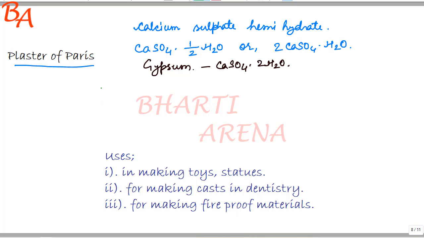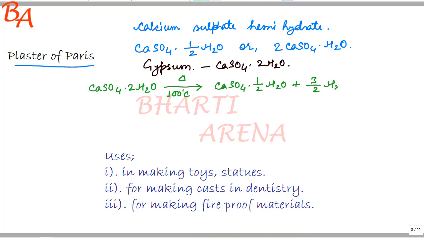And the reaction is: calcium sulfate 2H2O, that is gypsum, is heated at 100 degrees Celsius to give calcium sulfate half H2O, that is plaster of Paris, plus 3/2 H2O.